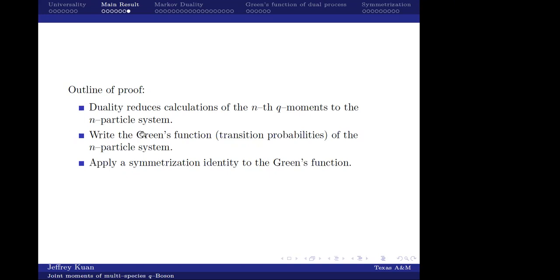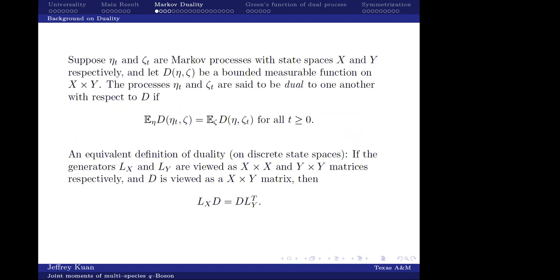Second, once you have that reduction, you need to analyze the finite particle system, so you write the transition probabilities of that system. And then once you have the transition probabilities, you need to do something with them, and this is going to be a symmetrization identity. Each of these steps will be a section that I wrote up here. Okay, so I'll start with Markov duality.